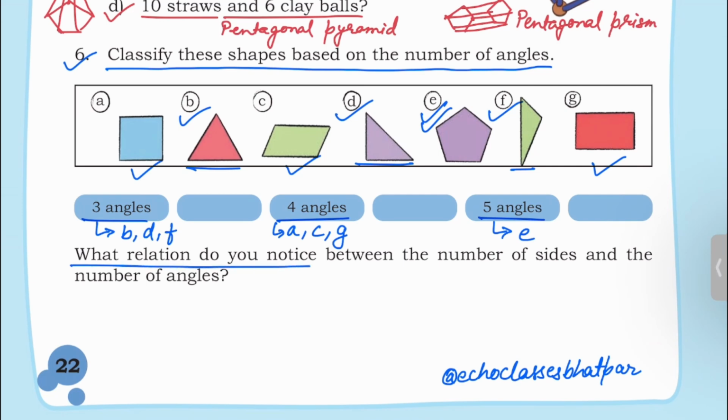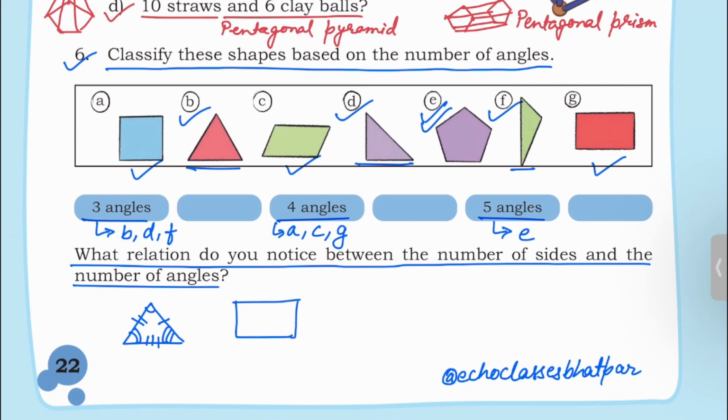What relation do you notice between the number of sides and the number of angles? If you see a triangle, it has 3 sides and 3 angles. Similarly, if you see a rectangle or a quadrilateral, it has 4 sides and 4 angles.